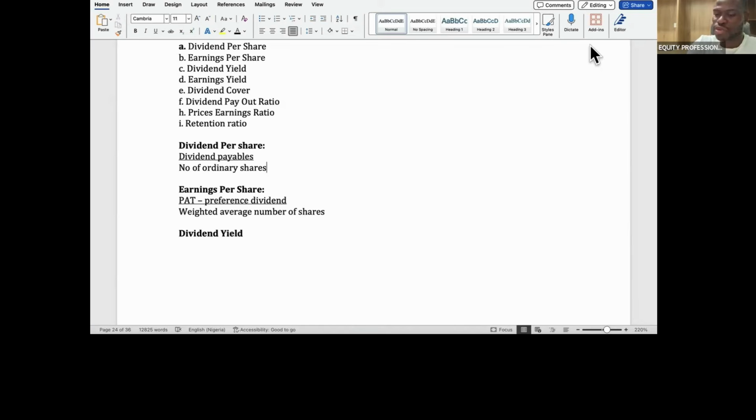Most preferential capital gets a fixed percentage of return. It's fixed, just like debt capital, which is why it's not common in this part of the world in real life. In exams, when you want to compute dividend per share, it is this formula that I'm giving to you. For preference shares, it is a fixed return they get.